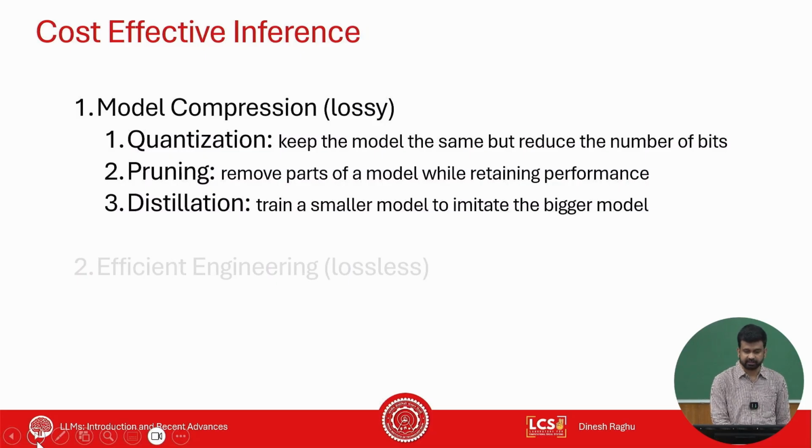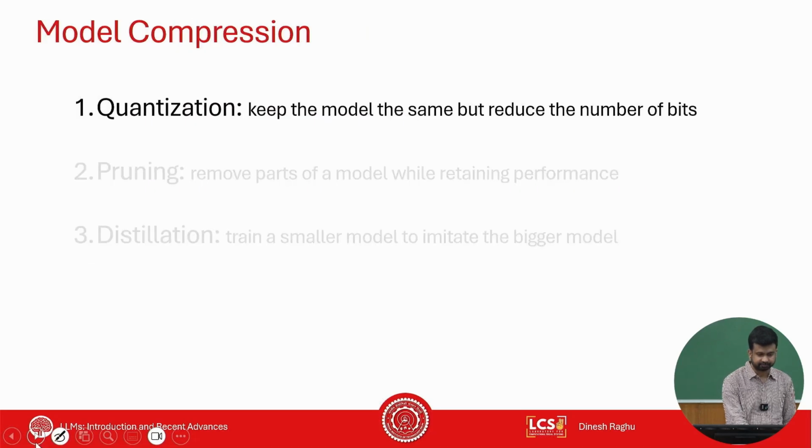So distillation is the costliest, but it's the best way to maintain the accuracy. Whereas quantization and pruning are slightly lossy, but they require very little change. But quantization has other advantages as well, which I'll be covering when I talk about it.